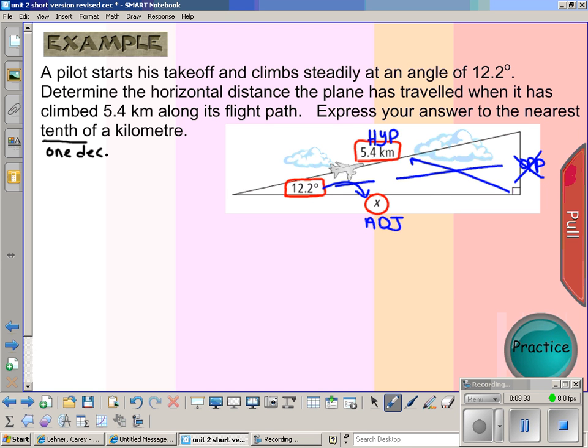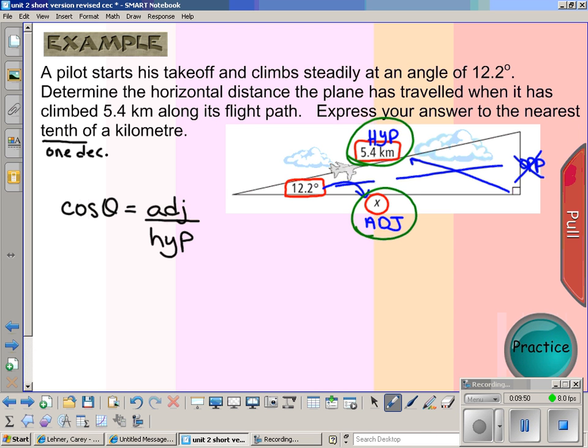So what we are worrying about is a ratio that has adjacent and hypotenuse. And if you think back to your trig ratios, that would be cos. Cos of an angle is equal to its adjacent side over its hypotenuse. This time, we know the angle measure. We know it's 12.2.